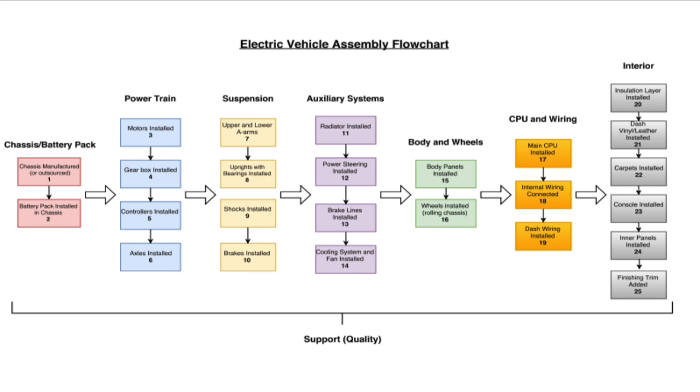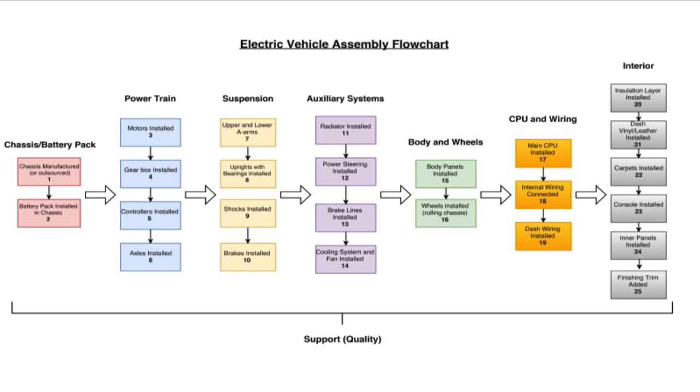First, we started with a basic flowchart of the vehicle assembly process. It begins in the chassis department with the delivery of an outsourced chassis where it is mated with the battery pack. Next, it moves to the powertrain department where the motor is first installed, then the gearbox, then the controllers, and finally the axles.